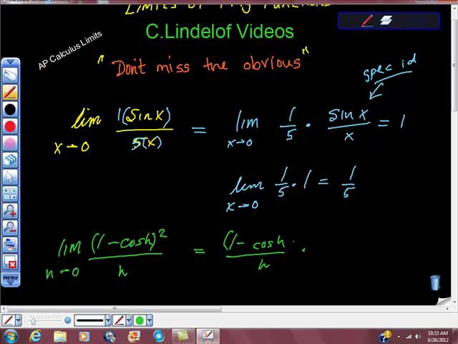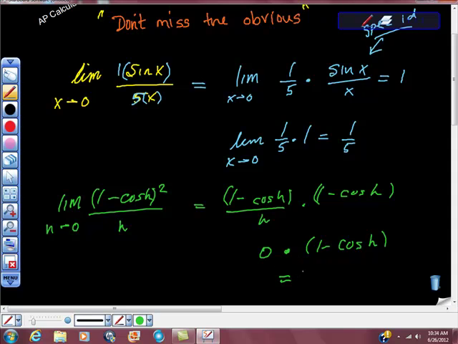Times 1 minus cosine h. And what we have to know here is that 1 minus cosine of x over x, or 1 minus cosine of h over h, is actually equal to 0. So we have 0 times 1 minus cosine of h, which is just equal to 0.